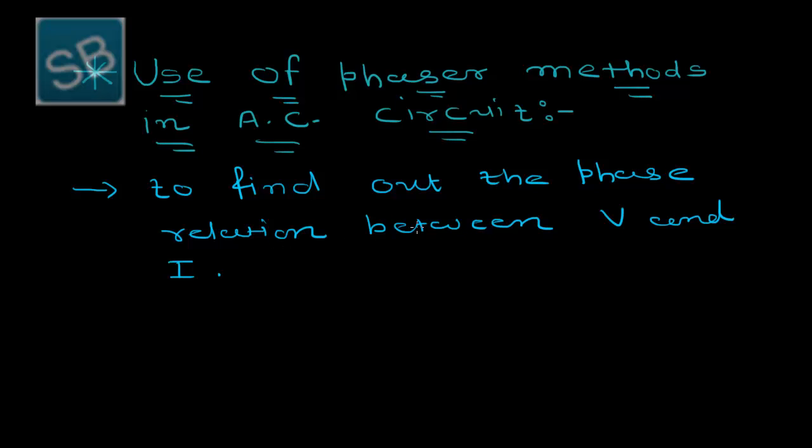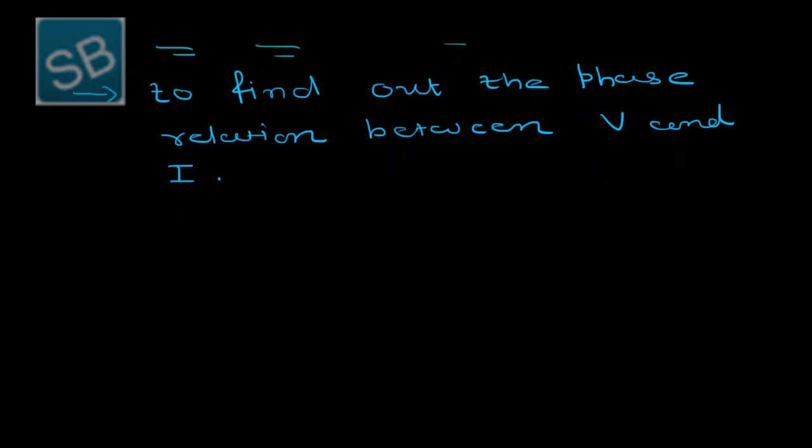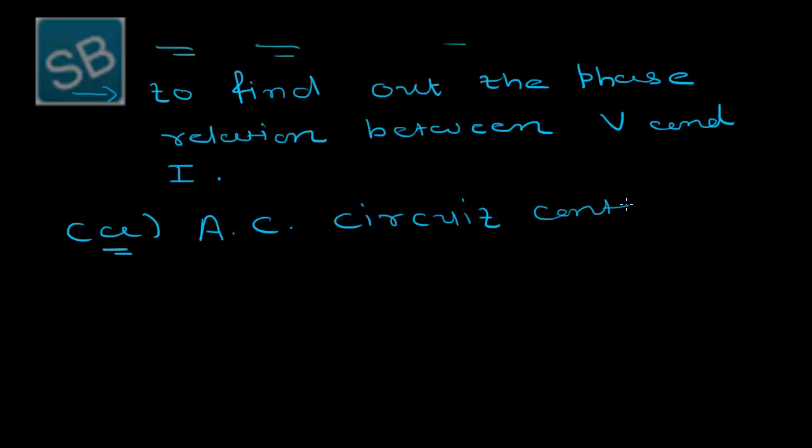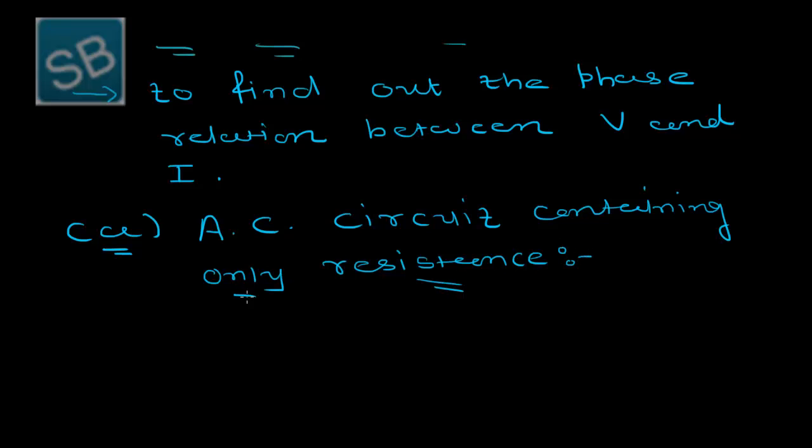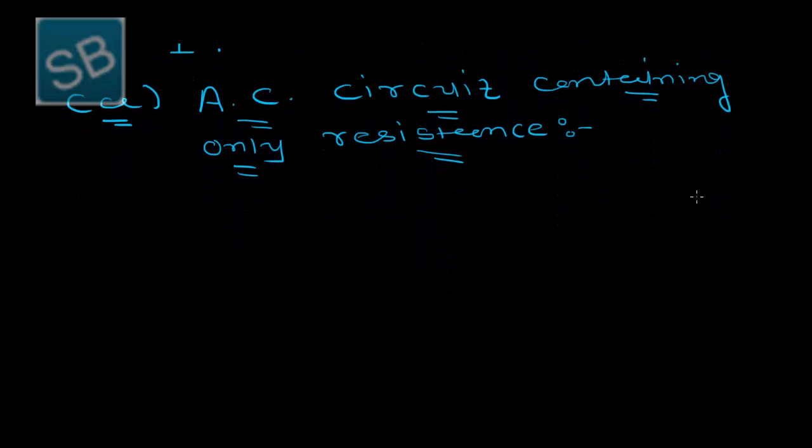As we have studied the different cases, for each case the value of this phase relation will be different. So I am starting my analysis by taking the first case of AC circuit containing only resistance. Such circuits we have observed, and in that we have also obtained the value of current and the value of impedance.